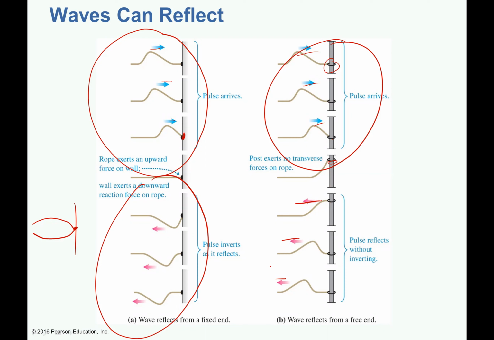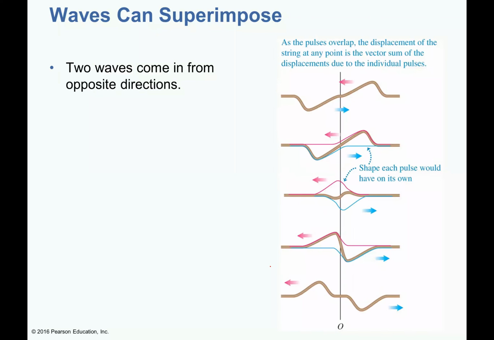Now that's important for waves, especially for the next few slides. Think of it like this: when the wave is moving, you can have another wave there. So you can actually have two pulses overlapping. And that's a very important property that only waves have.